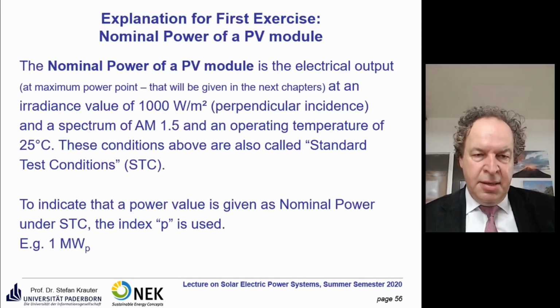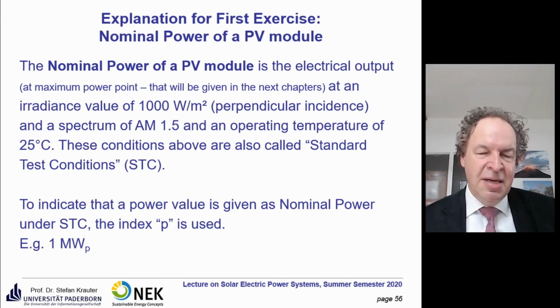Okay, and that's the exercise. I just explain and go into details a bit later. So first you have to determine the nominal power of your PV module, usually given at the irradiance level of 1000 watt per square meter at perpendicular irradiance, a spectrum equivalent to AM 1.5, and an operation temperature of the modules of 25 degrees, which is not realistic.